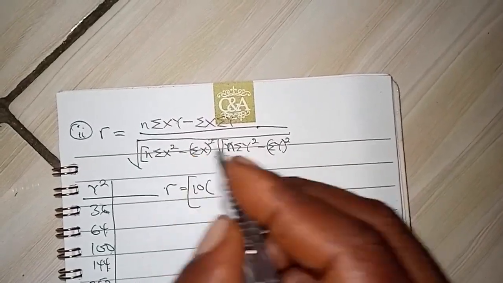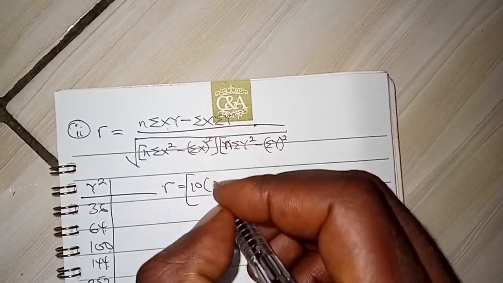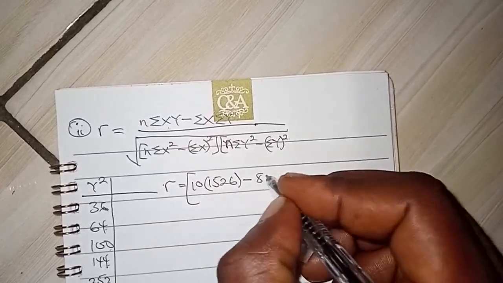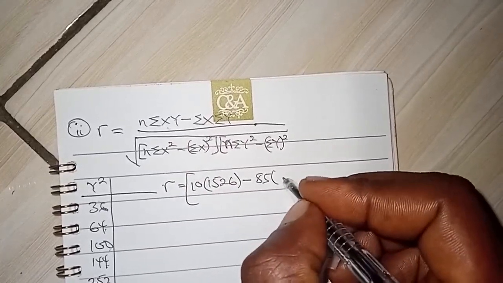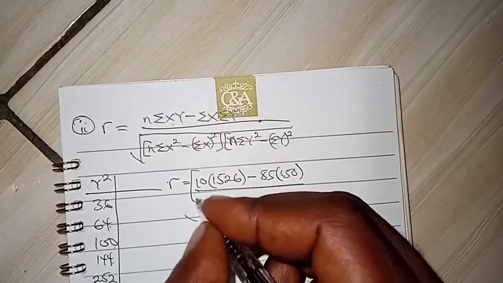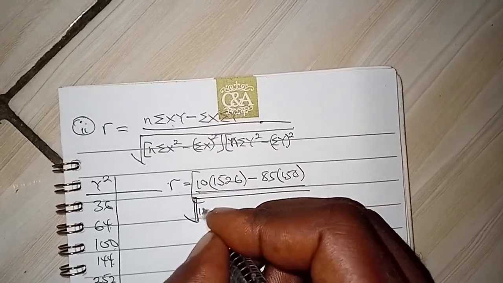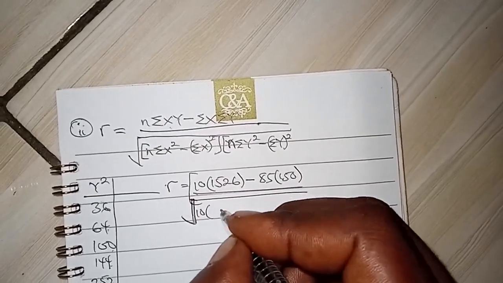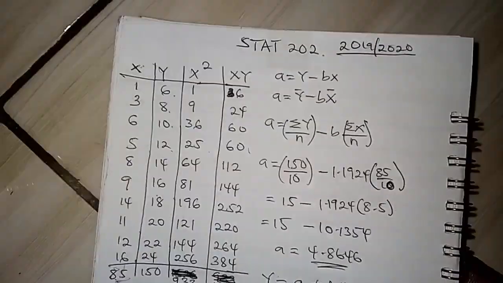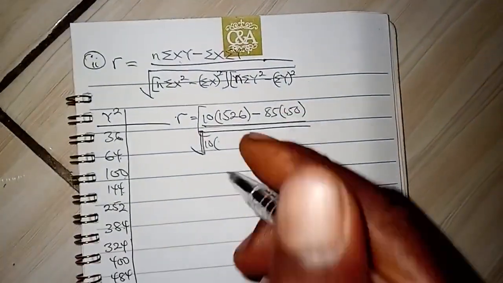10 times the summation xy, like we used it before, is 1526 minus 85 into 150. Still the same values that we have used before. So n is 10 into, let me turn and see it, that's 933.